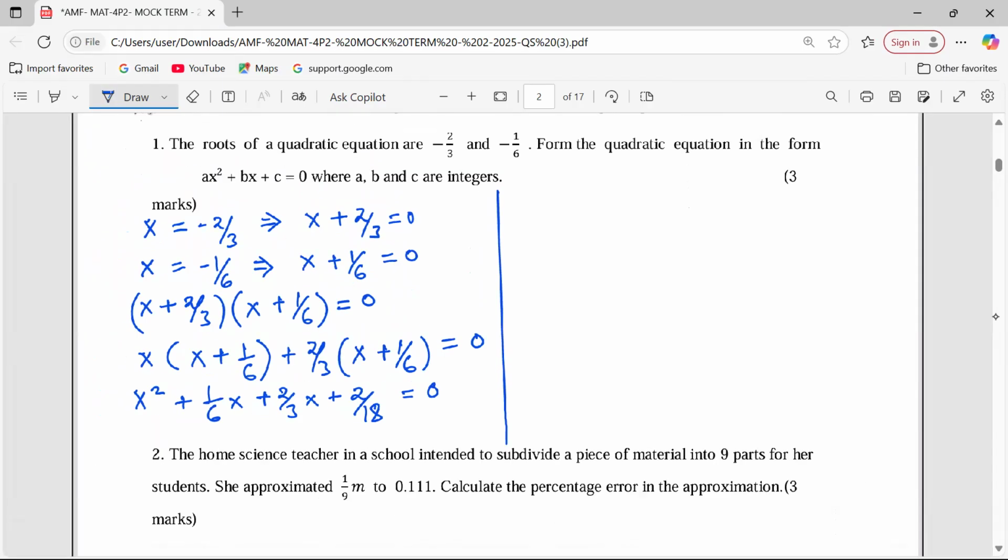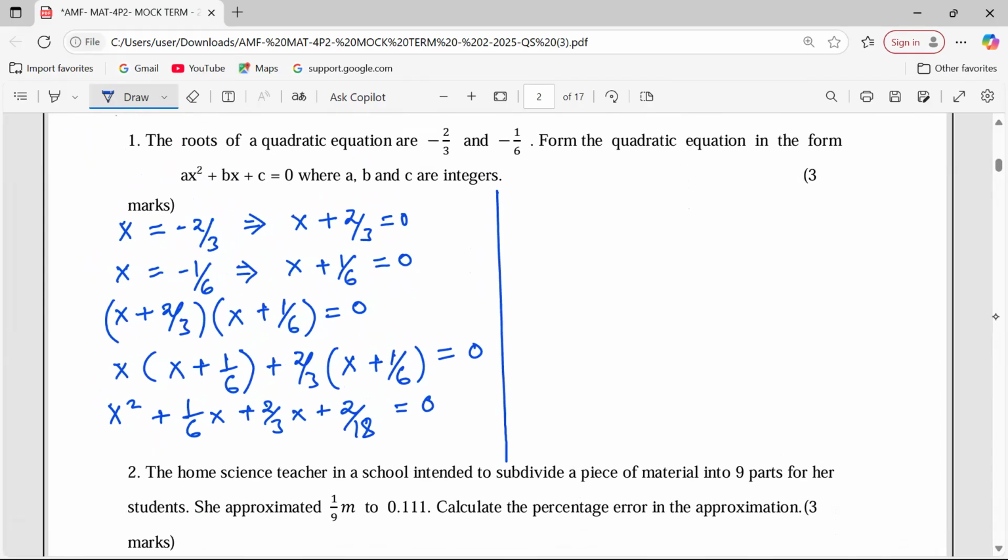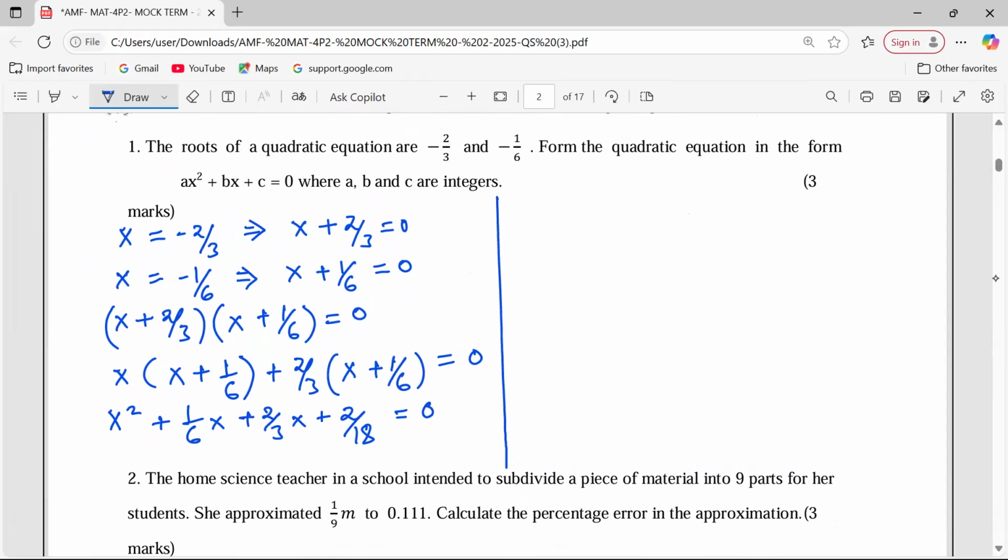At this point I'm going to say x squared, then 1/6 and 2/3. They are both like terms, so they can be added to 5/6 x. Then this is 1/9 after simplification, equals 0.